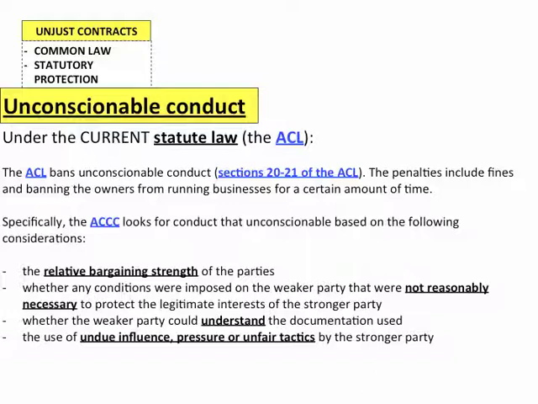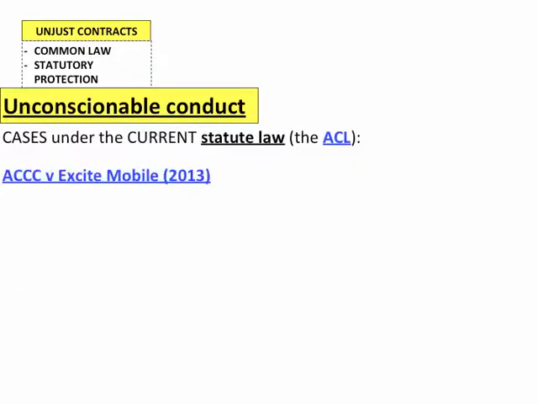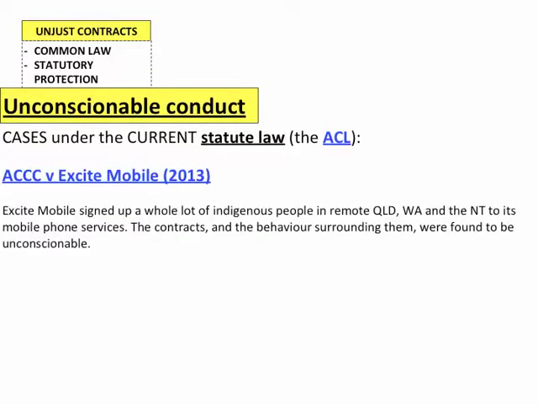So let's look at some of the cases under the current statute law. So Excite Mobile, they again went after Indigenous people. And they said, right, we have these mobile phone services. And this was a real mess because the contracts themselves were unconscionable, but all the behavior surrounding how they got them to sign the contracts was also unconscionable, right? It was awful.